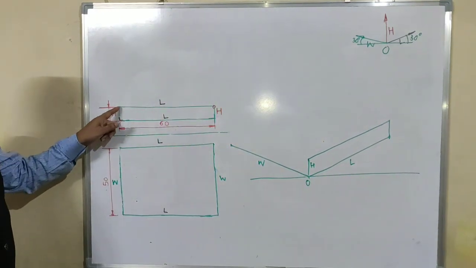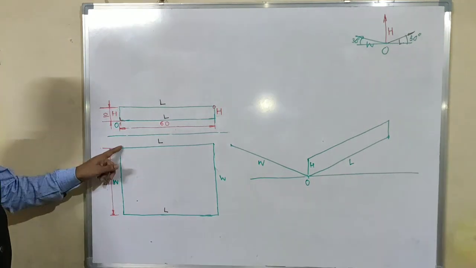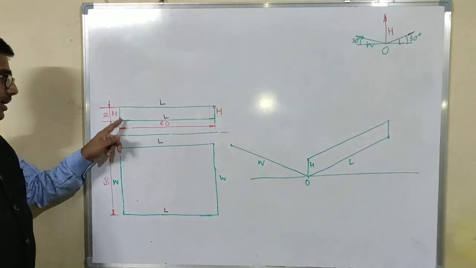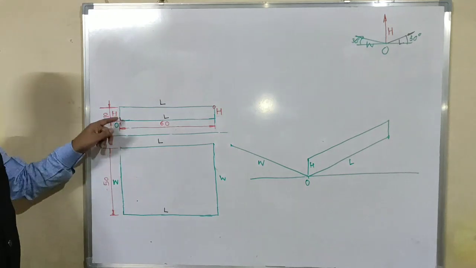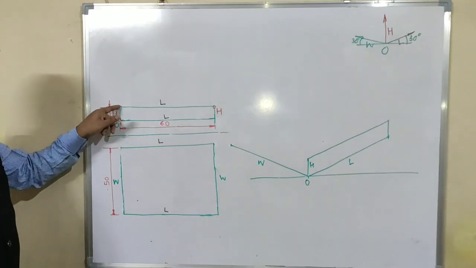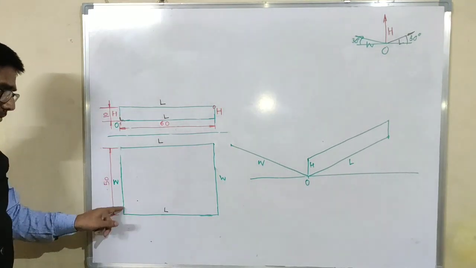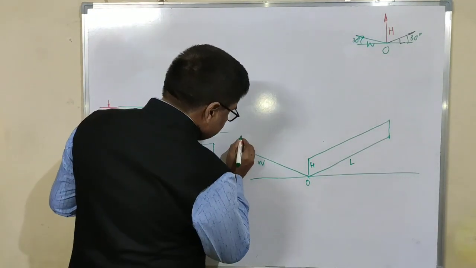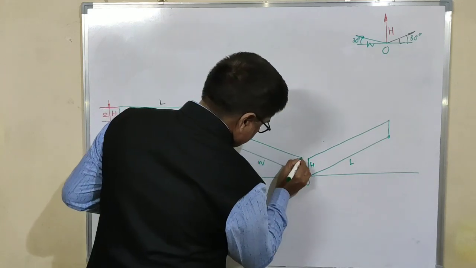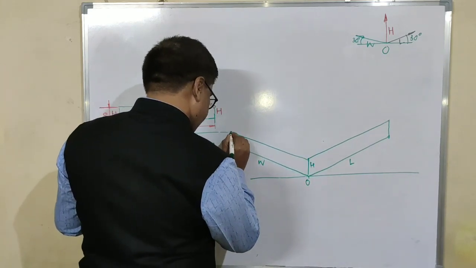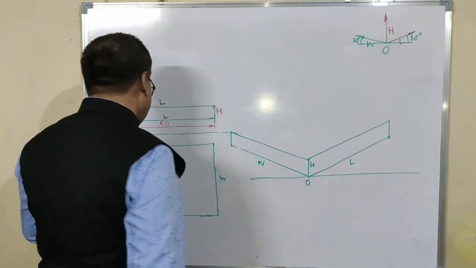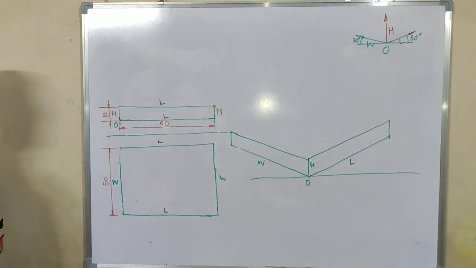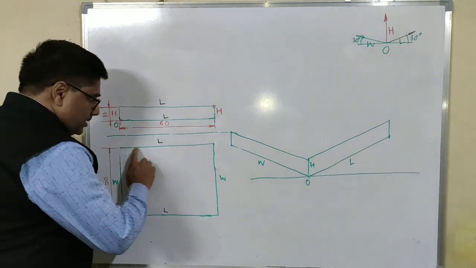Let us draw a line at this level. See, this line is at the bottom and the line which is above this point will coincide in the top view. That's why let us draw a line which is parallel to width. Let's draw this line.